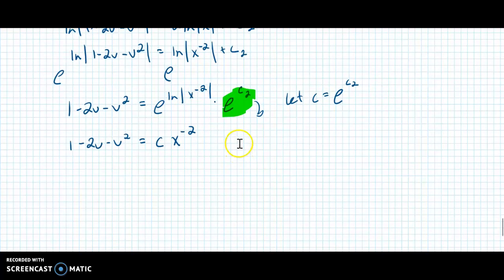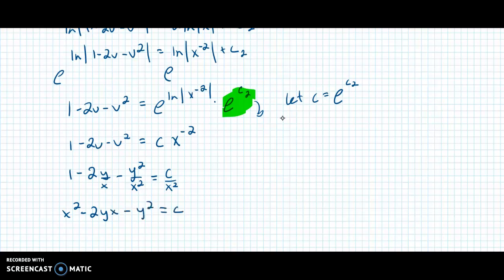Now, I'm running out of time. 1 minus 2y over x minus y squared over x squared equals c over x squared. Multiply everything by x squared on both sides. I get x squared minus 2yx minus y squared equals a constant.